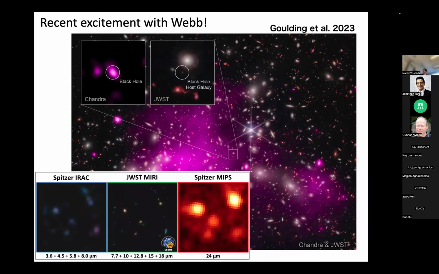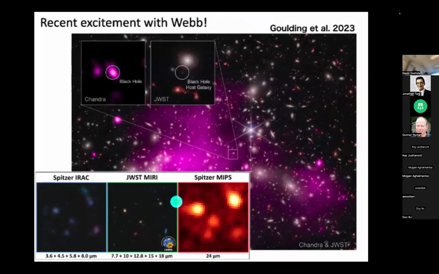Anyway, this is the recent picture from the brand new James Webb. We see a galaxy cluster and a huge gravitational lensing. Behind that galaxy cluster, we see about, let's say, 10 galaxies containing a massive black hole of 10 to the 8 solar masses. So this is super exciting with the James Webb Space Telescope.